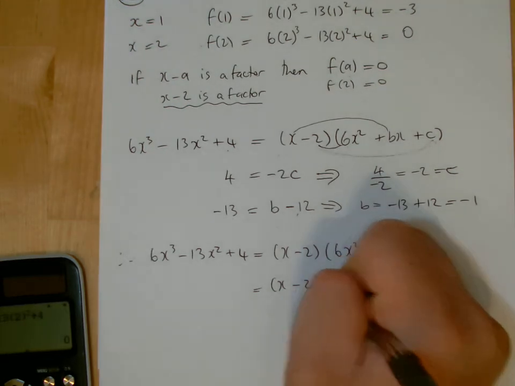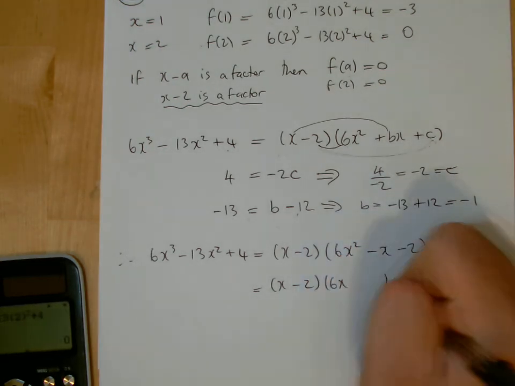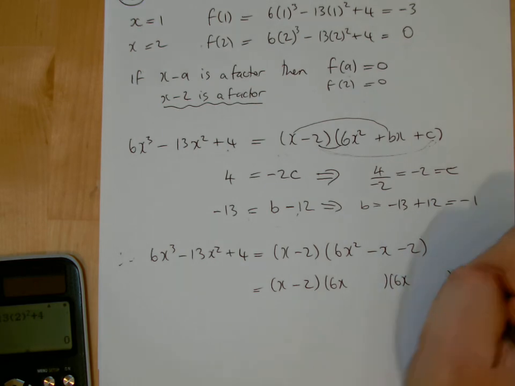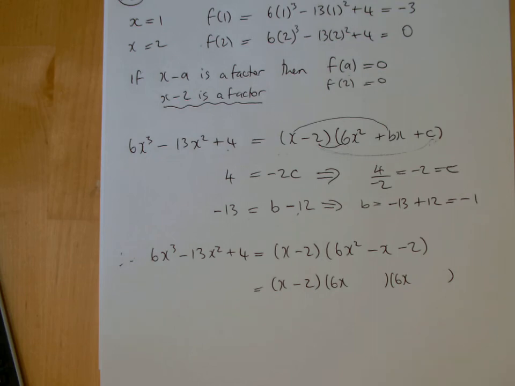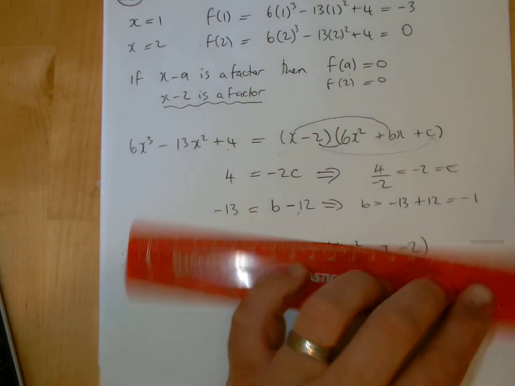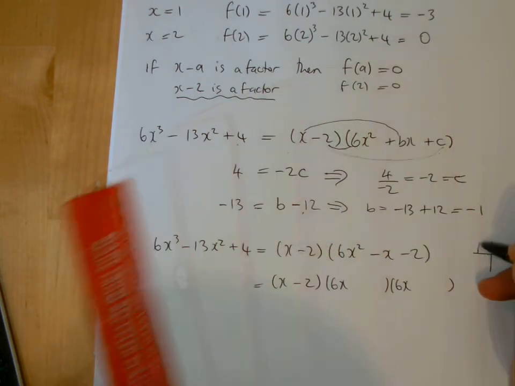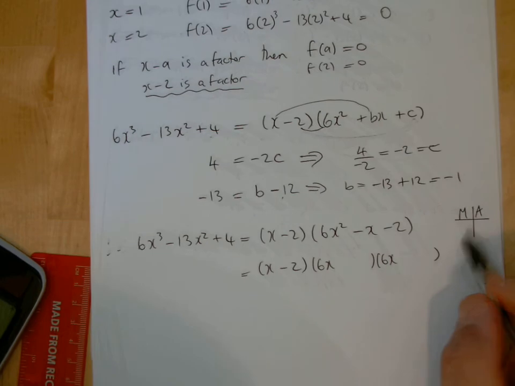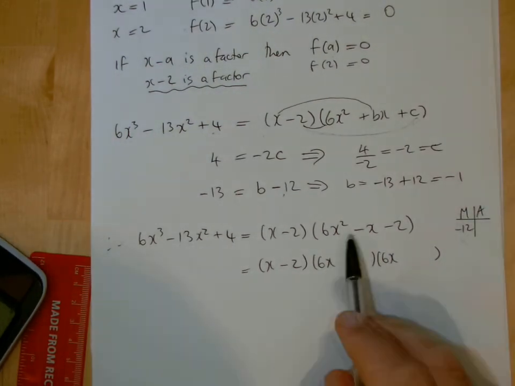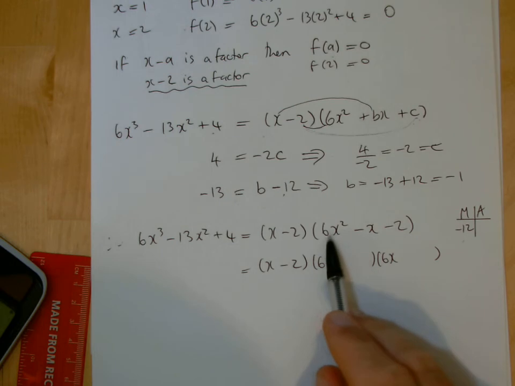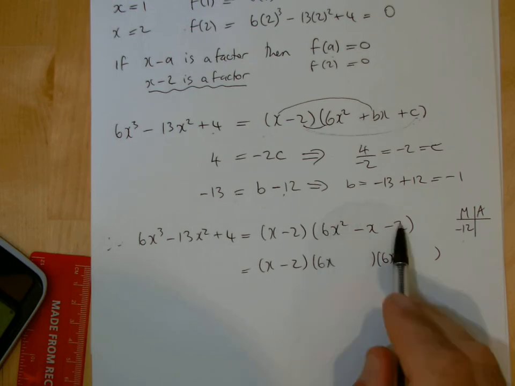And, you know, whichever method you want to use to factorise, the one we often use is this, isn't it? Because it's 6x, we write 6x in both brackets, okay? And the multiply add thing here. So remember, the multiply, it's got to be minus 12, isn't it, in this case? Because when there's a number in front of the x squared, you times that by the last number there.